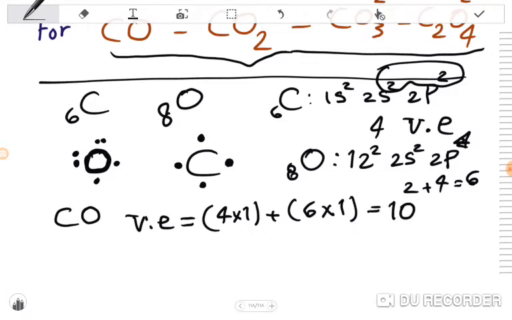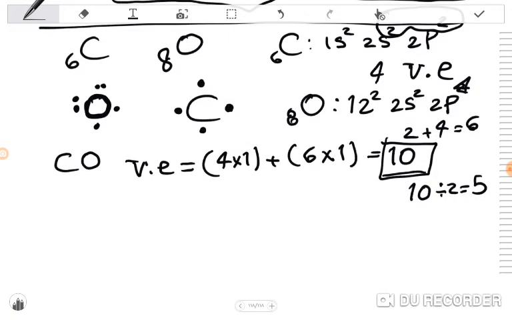We can draw the Lewis dot structure for carbon monoxide only with 10 electrons. No more, no less. This is the importance. Pay attention to this. If we divide 10 by 2, it is equal to 5 pairs. The carbon is the central atom and oxygen is the side atom.